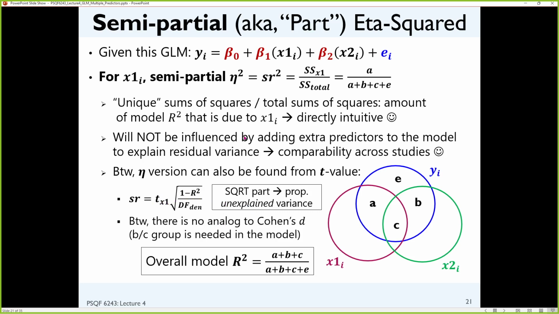There is no version of this that goes with D, though. This was something that I actually had to check with one of my colleagues, Ariel Olowe, whose expertise is in effect sizes and meta-analyses, and he confirmed that no. Because the way that you compute a Cohen's D, if you were to just use the raw data, would be the mean difference between groups divided by the within group standard deviation.